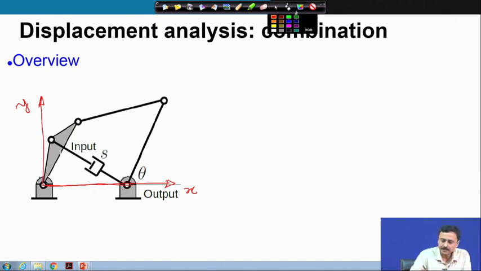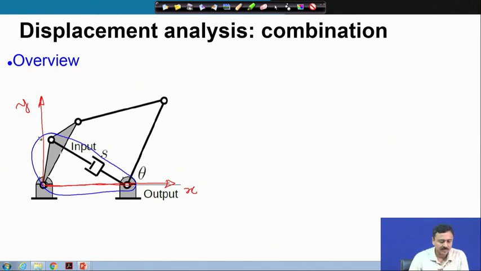If you look at this 3R1P chain, there are two chains as you can very easily recognize. There is a 3R1P chain and a 4R chain, which are coupled. If you look at this 3R1P chain, if you are given S, then you can find out this angle.